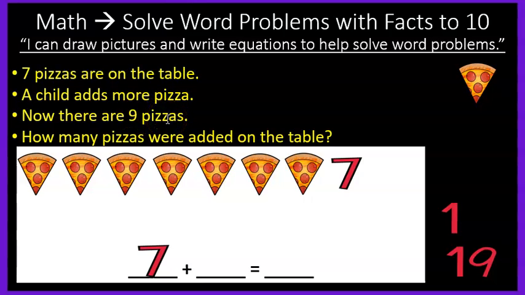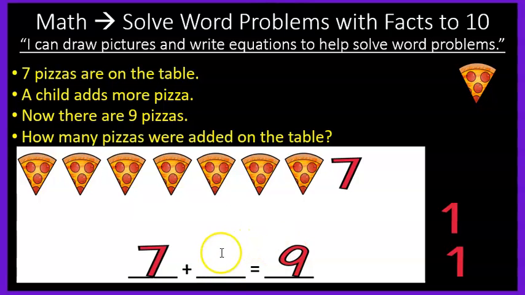Now, boys and girls, how many pizzas are there now? 9. So watch me again, boys and girls. 9. So look, I'm going to put 9 here because I know that's going to be the answer to the addition equation, okay?